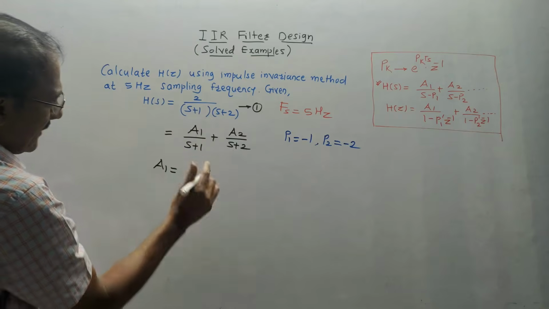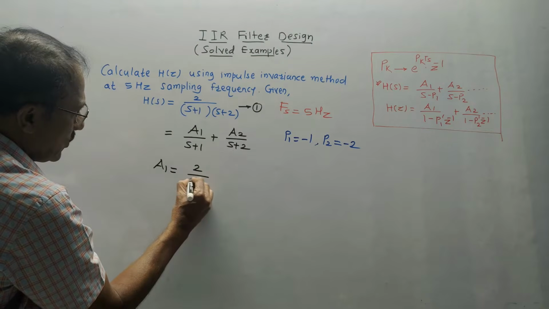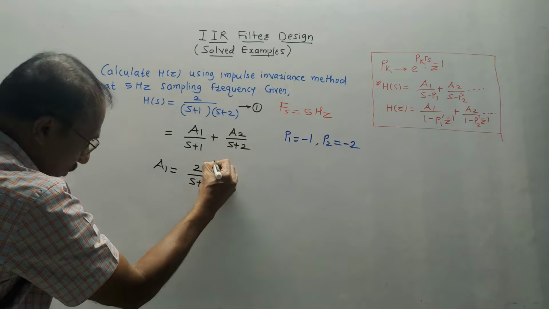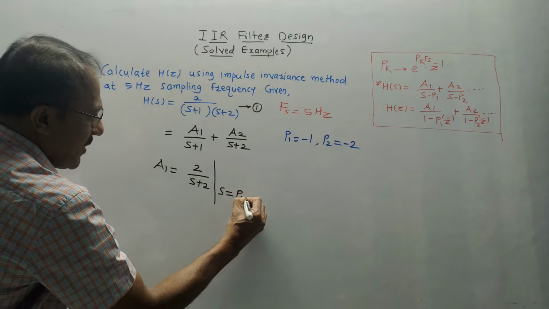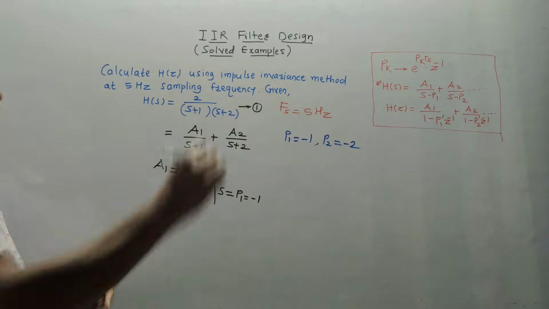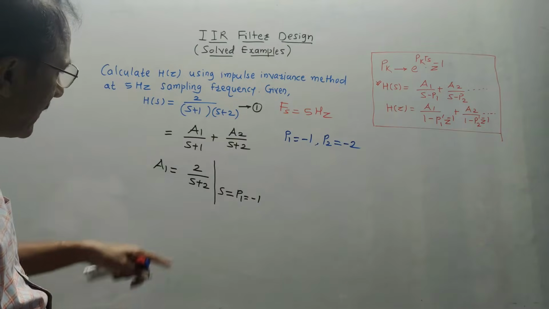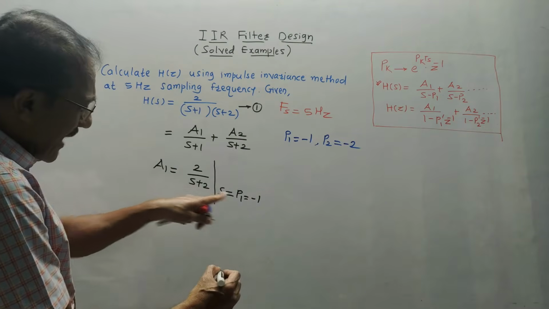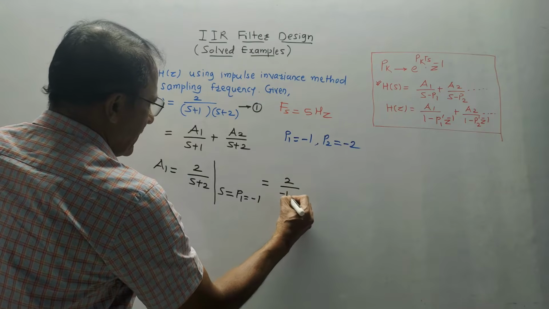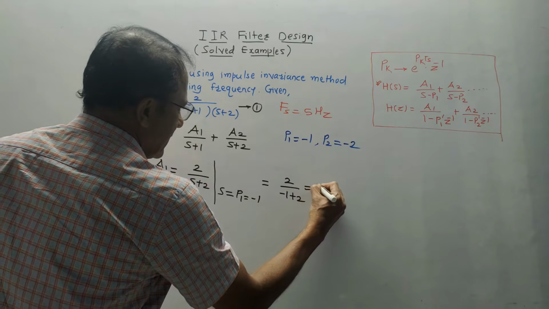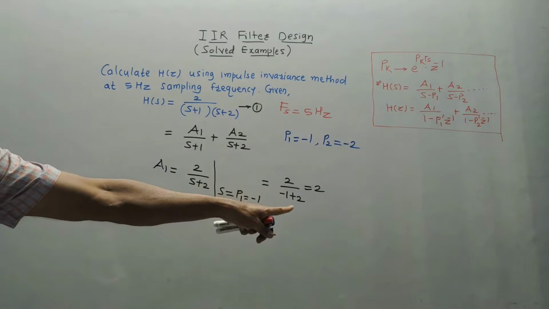Skip this denominator, write down the remaining equation 2 upon s plus 2 and do this calculation at s equals P1. That means s equals minus 1. So wherever s is there, I am putting the value minus 1. So it becomes 2 upon minus 1 plus 2, that is equal to 2. This is the value of A1.